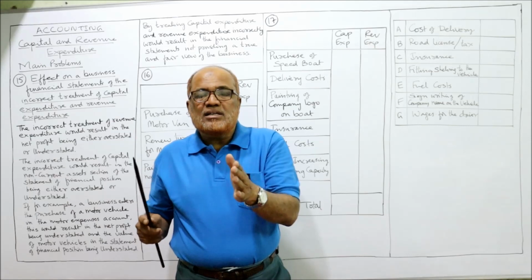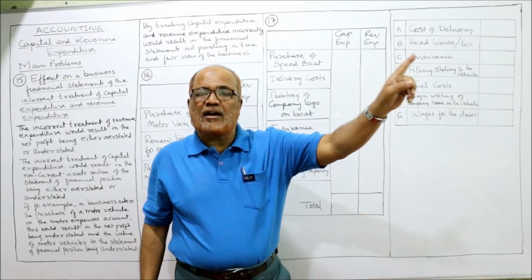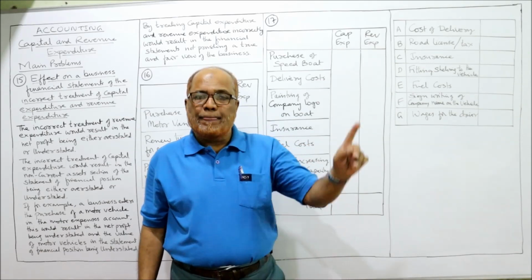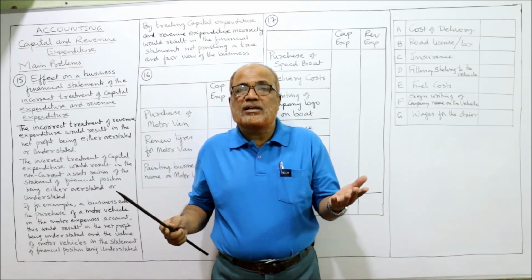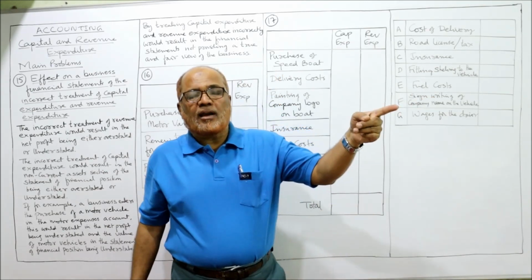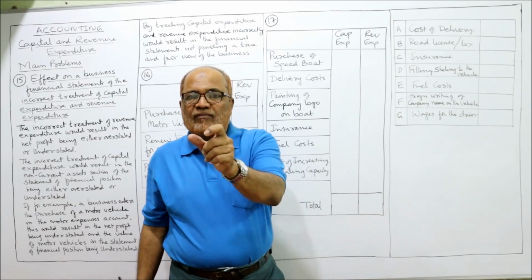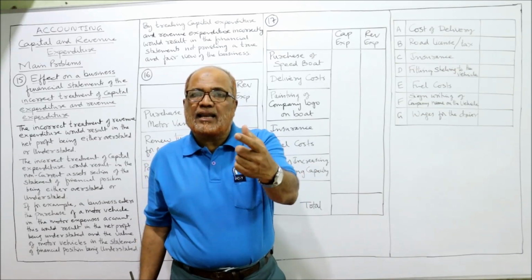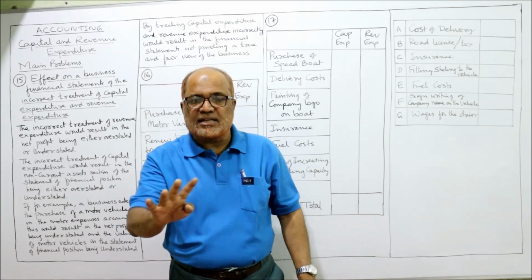Second effect, it is a non-current asset. It should have been taken under the non-current asset section in the statement of financial position, but the accountant has not taken it there. So non-current assets will be undervalued. So when a motor vehicle is wrongly taken as expenses, first effect, income is understated.